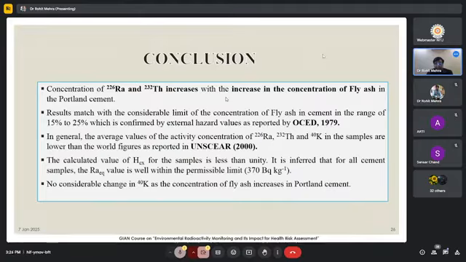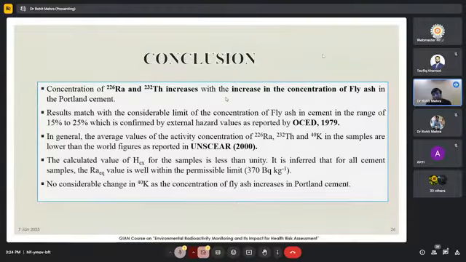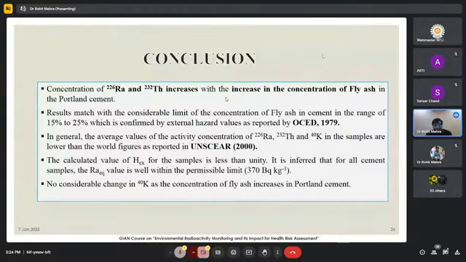So to conclude, I would say that in most of the cases, the concentration increases with the increased level of fly ash. But in the case of potassium, the concentration remains unchanged. Both radium and thorium play a very important role. If you go up to 40%, your internal and external hazard index touches the unity value.